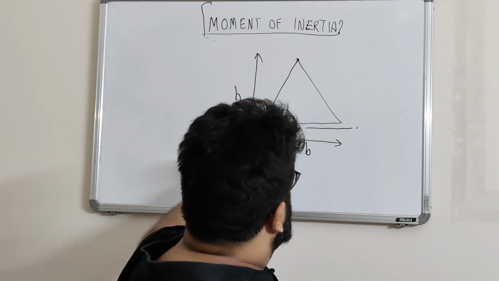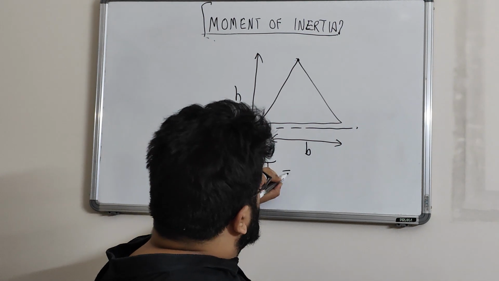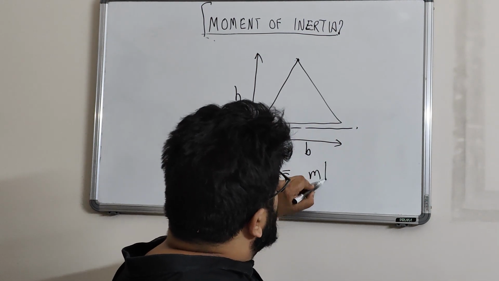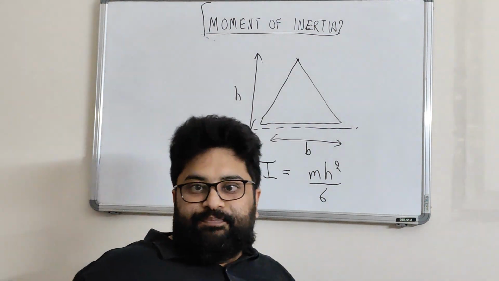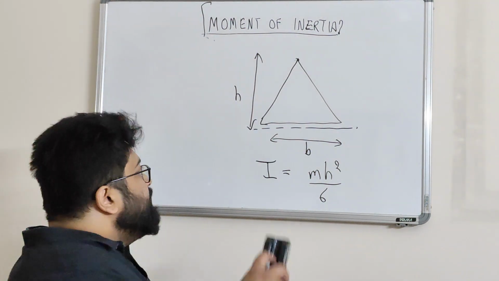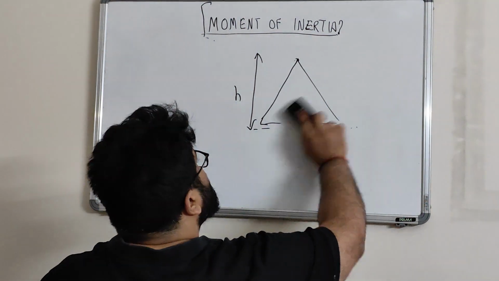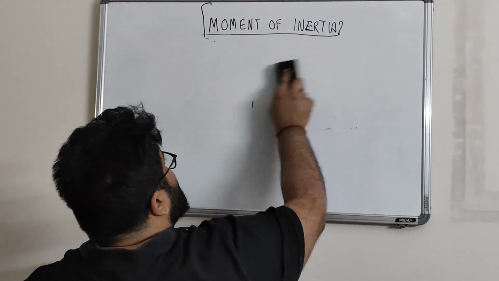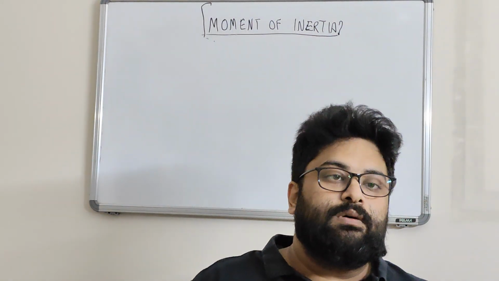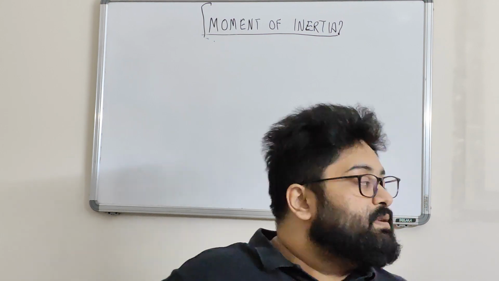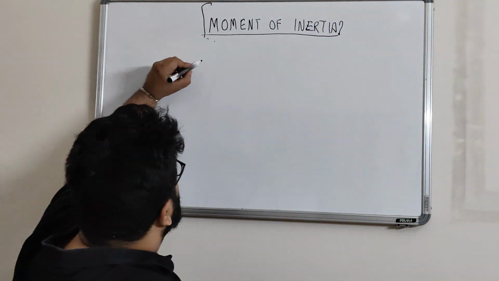In that case, the moment of inertia for this body becomes m into h square by 6. Alright. Then we have the most basic body, which is used all throughout our NEET physics. It's called the ring.